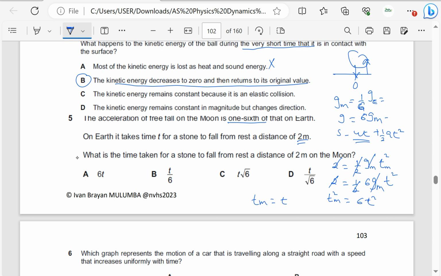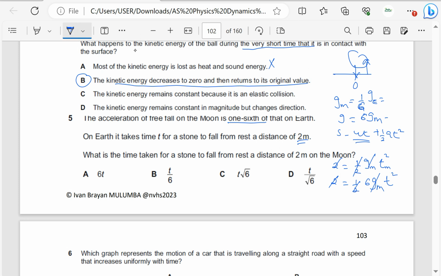Now remember, I divided the two equations. This is not correct. When I divide the two equations, on one side I have 1 over... okay, 1. I think that is correct.